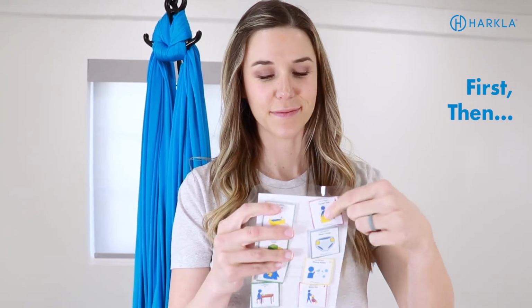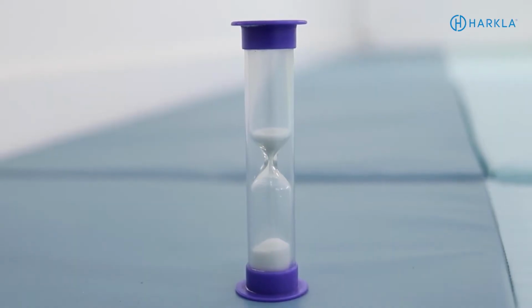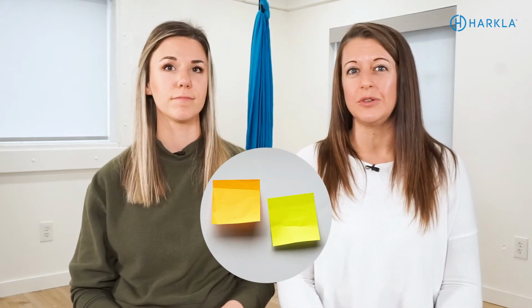Time blocking is very helpful as well, and then using visual timers or a stopwatch to know how long something is taking, reminders on your phone or your tablet, or sticky notes. There are a lot of different ways to do it, but those challenges are real, and using these strategies can really help improve success and overall happiness with doing those daily life tasks.